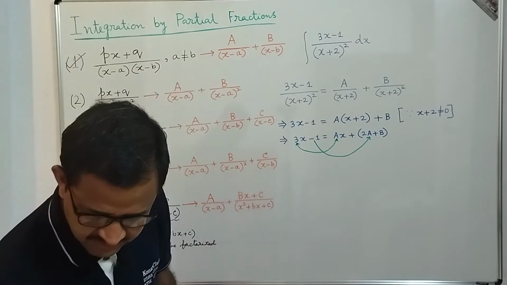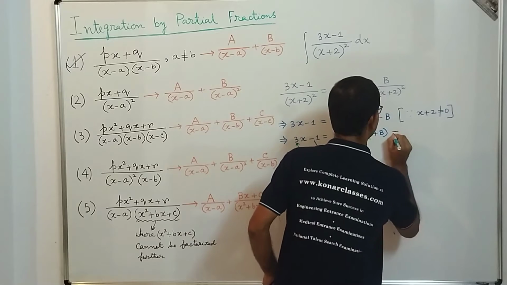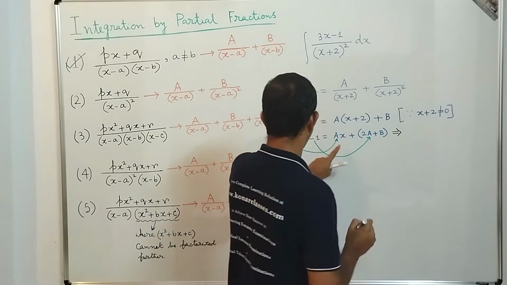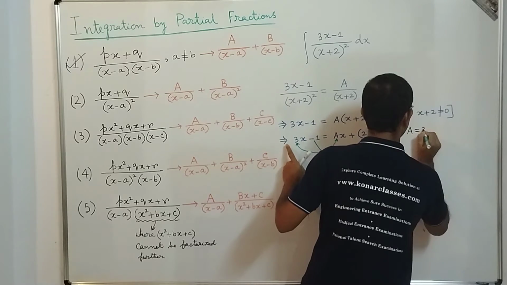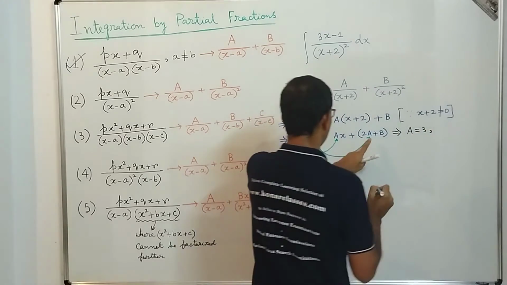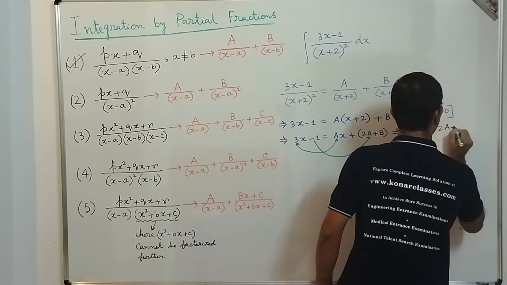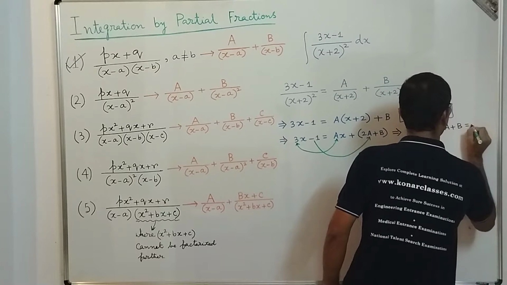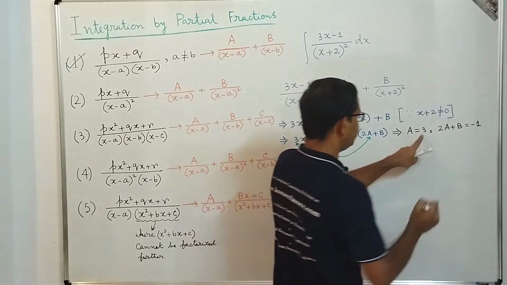From here, this implies that A is equal to 3, and 2A plus B is equal to minus 1. Now we already know A equals 3.